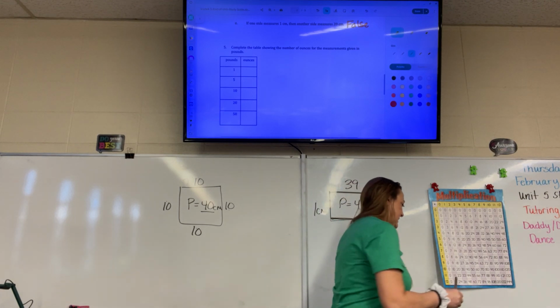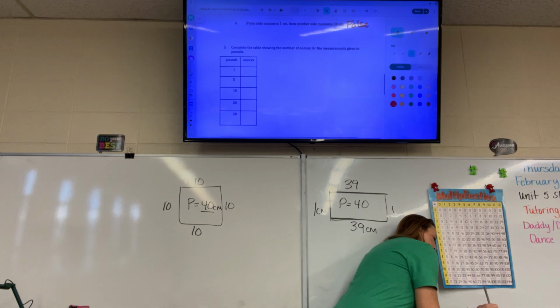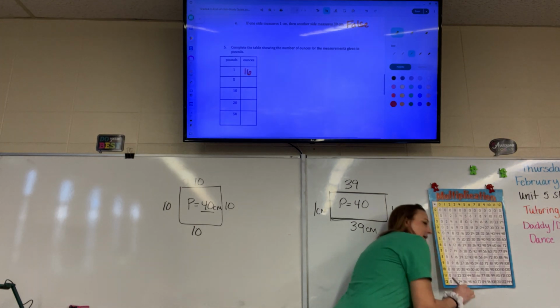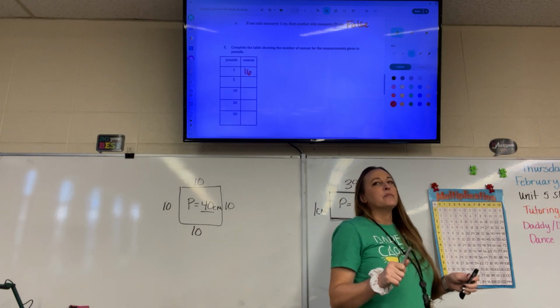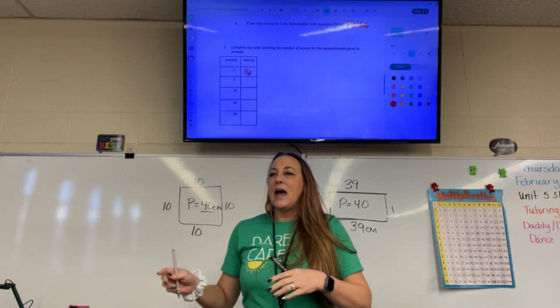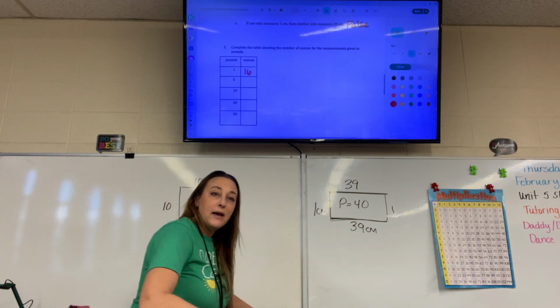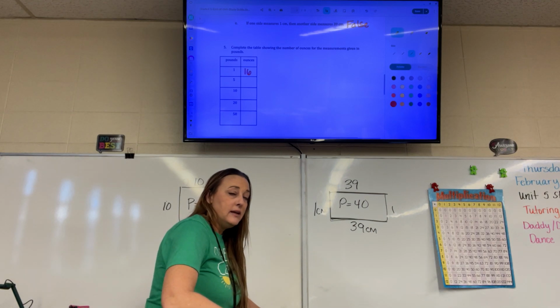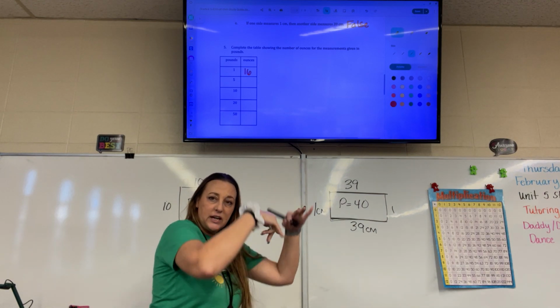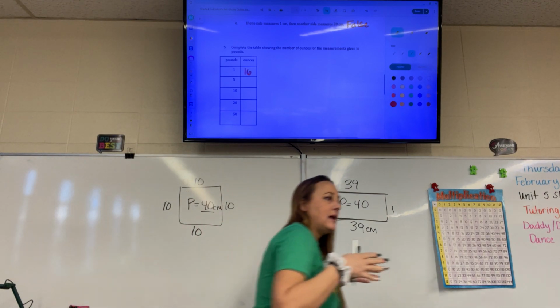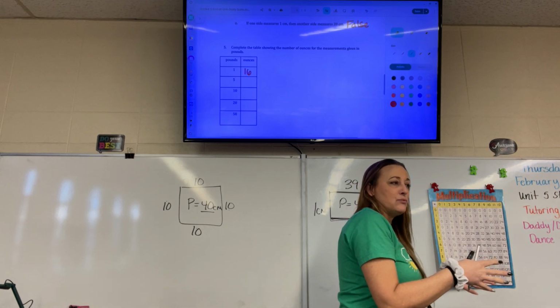Jackson? 16. So we are going to fill in the first box with 16. That means this is kind of like an in and out box. So 1 pound goes in and something happens in the machine and then out comes 16 ounces.